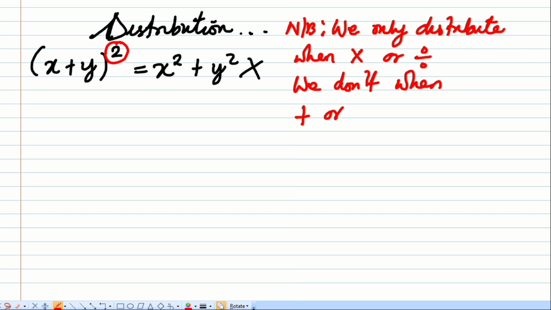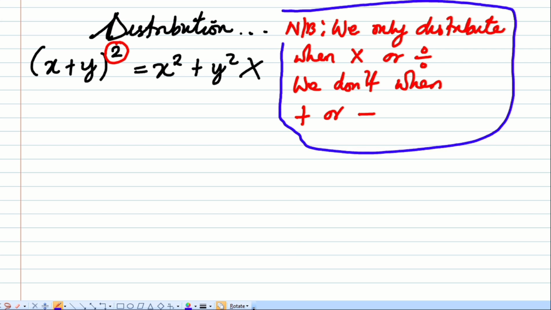I think I'll just use the sign. If you take note of this, many things will be easier and you'll have a better feel of many things we're talking about. This should be at the back of your mind anytime you're solving math questions. We don't distribute when we are adding or subtracting. So for x plus y, you cannot distribute.